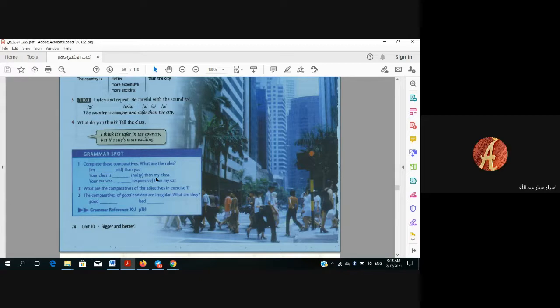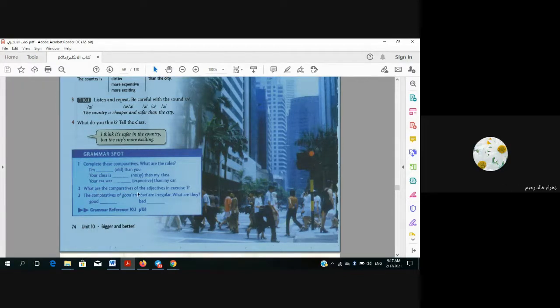We add ER, and we change the y to i and add ER. Yes, it's noisy. Your car was more expensive than my car. Yes, excellent.